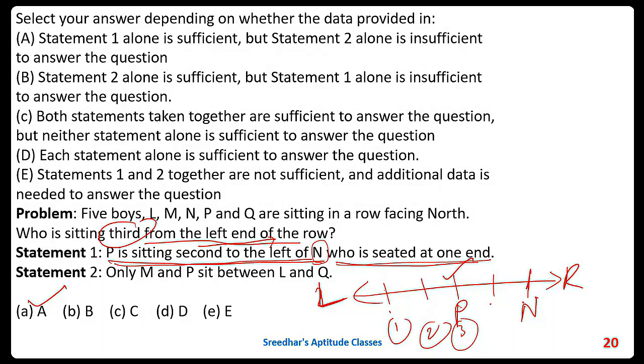So N is seated at one end, and P is second to the left of N. So P is here, and now P is sitting third from the left end of the row. So what is the question in this, Pratham? I don't understand: P be sitting second to the left of the end.